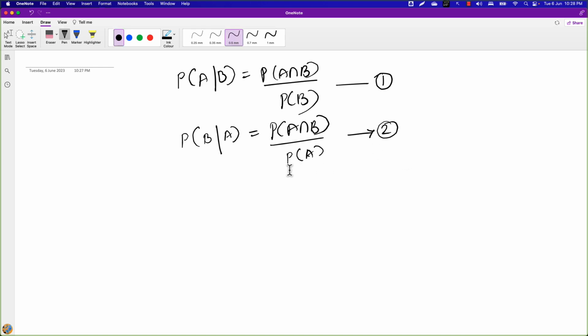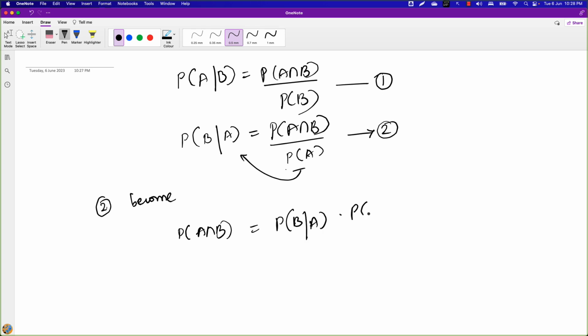Now what I'm going to do is transfer this denominator to the left hand side. So my equation 2 is going to become something like this: the probability of A intersection B is equal to the probability of B given A multiplied with the probability of A. Let us call this equation 3.